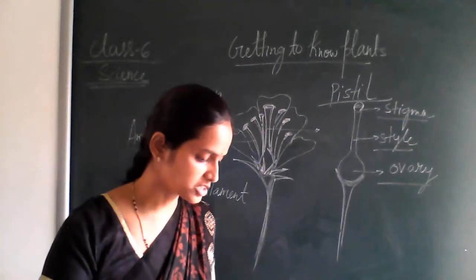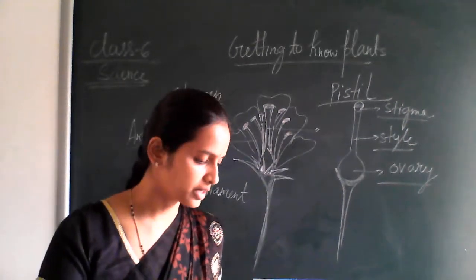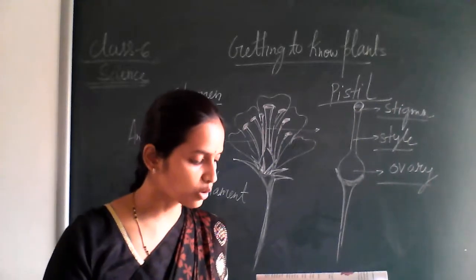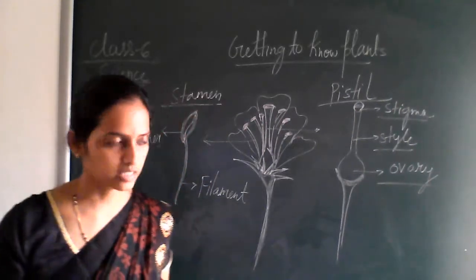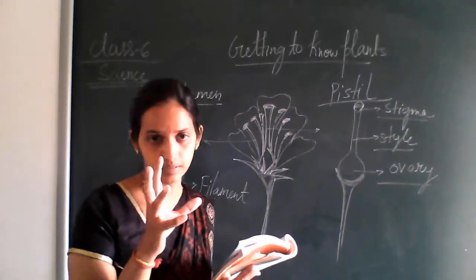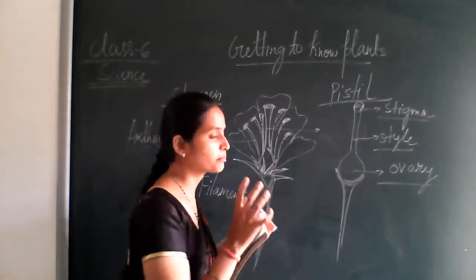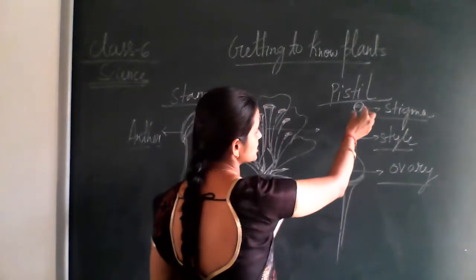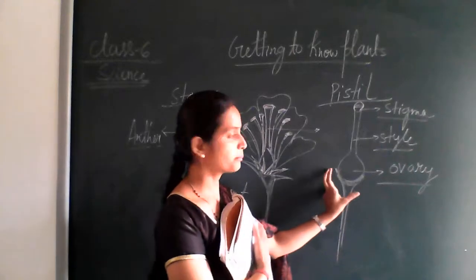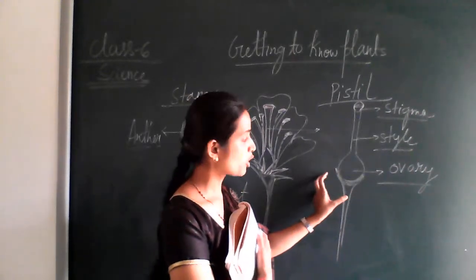Activity 11. Let us now study the structure of an ovary. It is the lowermost and swollen part of the pistil. Swollen means bulgy or big. You can see the tip is thin as compared to the base, the bottom.